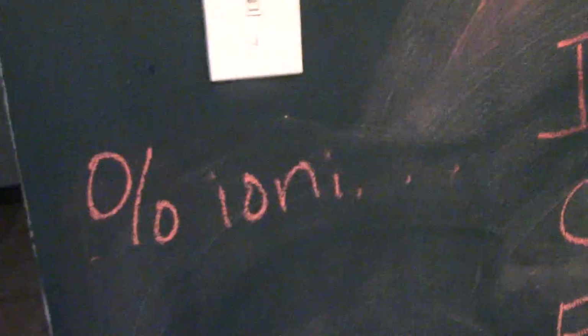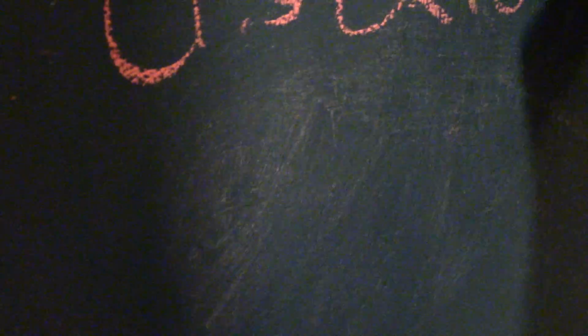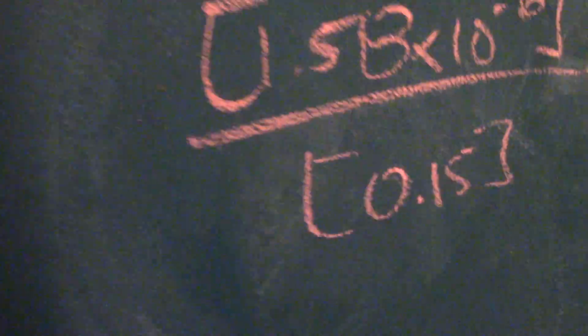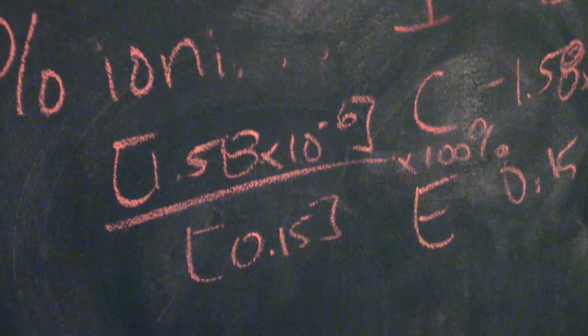Okay, so percent ionization is the concentration of hydroxide, which is 1.58 times 10 to the -6 over the initial concentration of the fluorine base times 100%. Okay, and that equals 0.0010%.